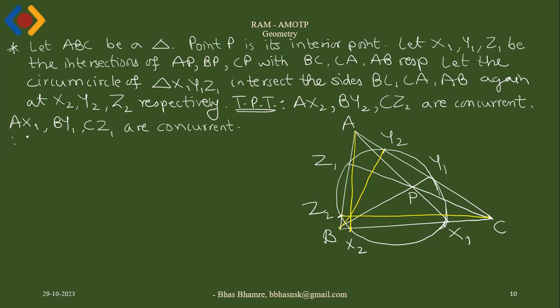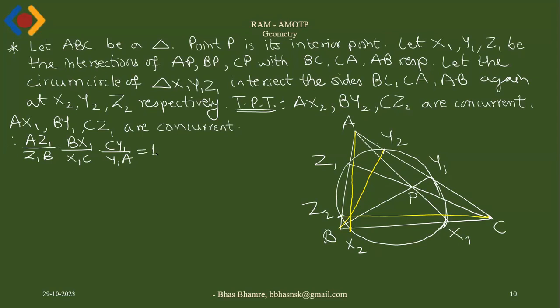Therefore, we have AZ1 over Z1B times BX1 over X1C times CY1 over Y1A is equal to 1.